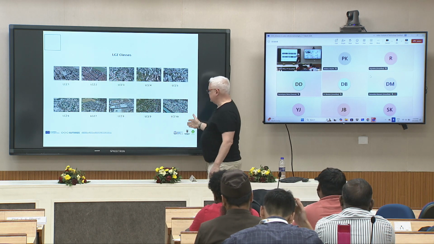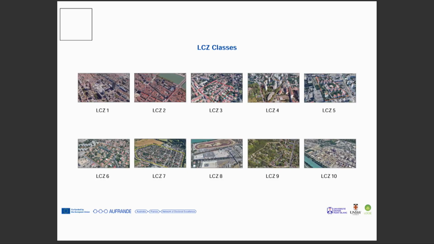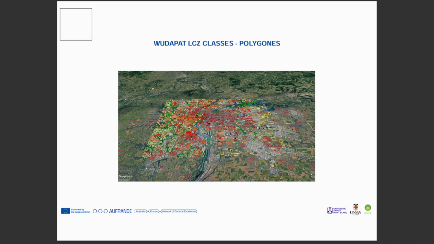So 10 different climates have been identified due to the morphology of the city. And now there is a kind of clustering, where all of these 10 climates can be seen. So it's analyzing the shape, the morphology of the district.